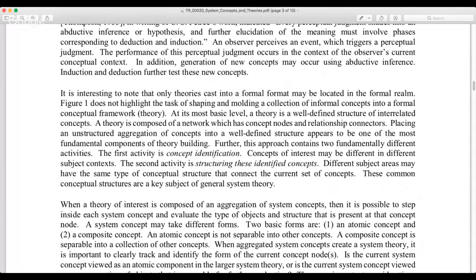The second activity, of course, is structuring these identified concepts. So how do these concepts align with each other? They're important things to note.